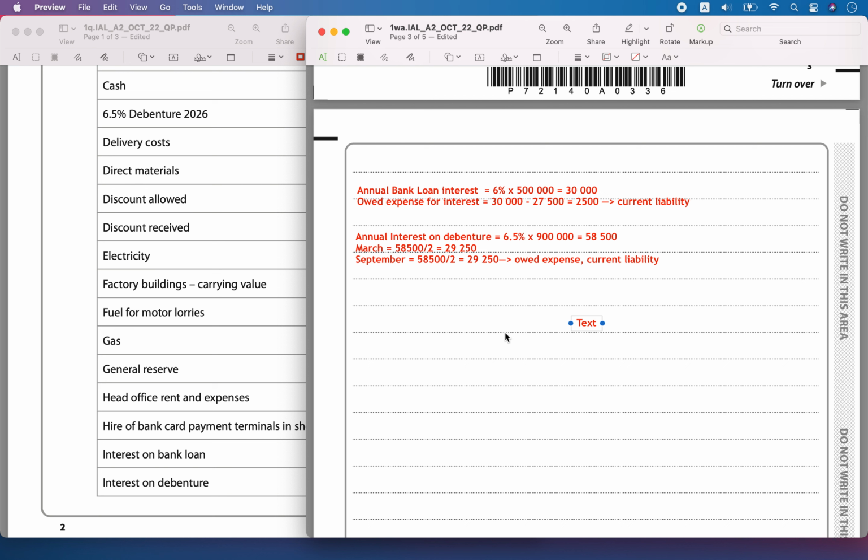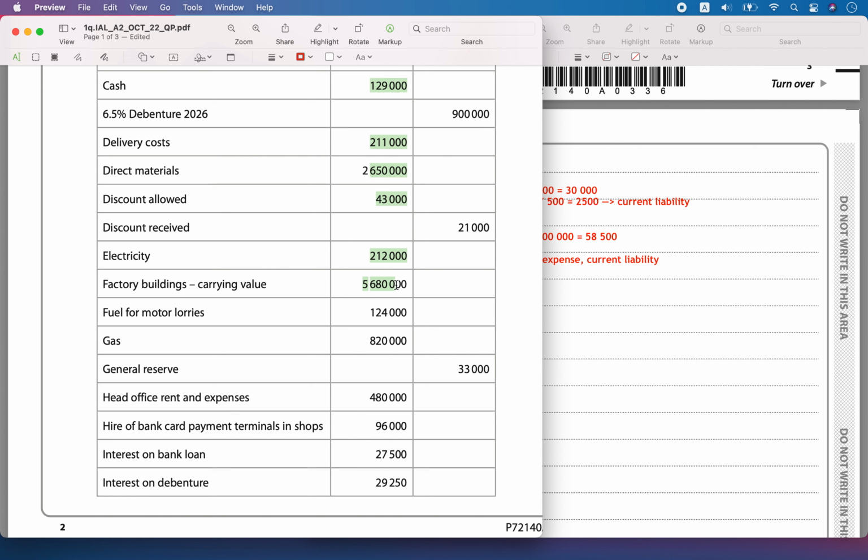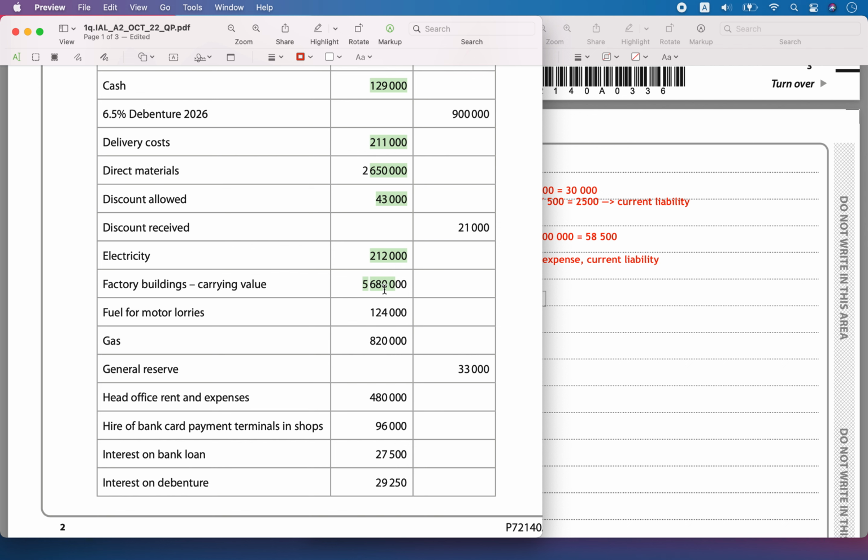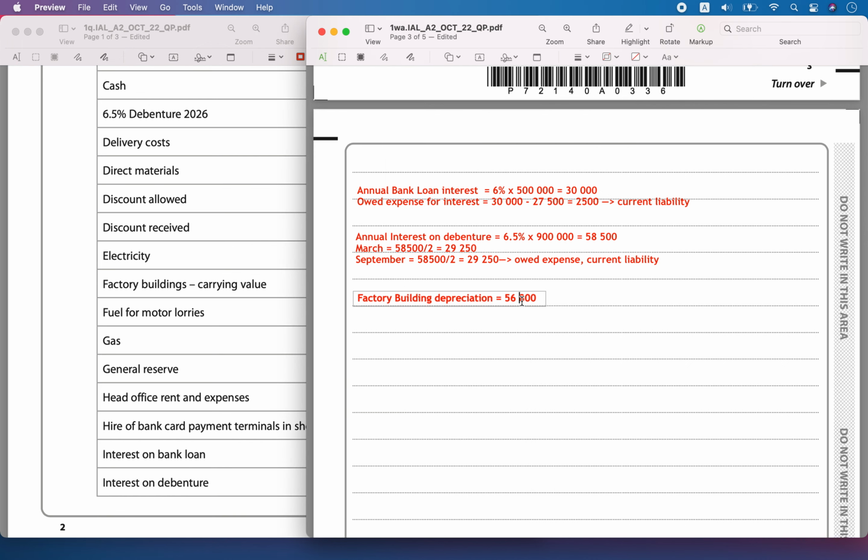So carrying value. So let's calculate here factory building depreciation. That is going to be equal to, so the carrying value is this much, 5,680,000.